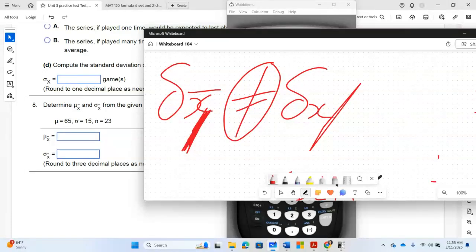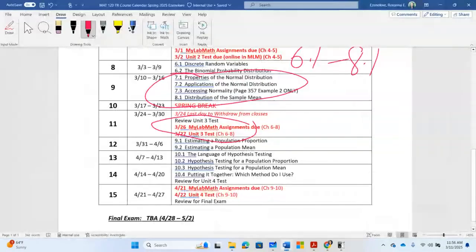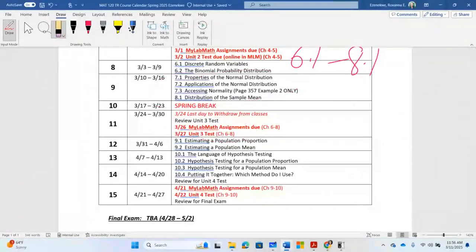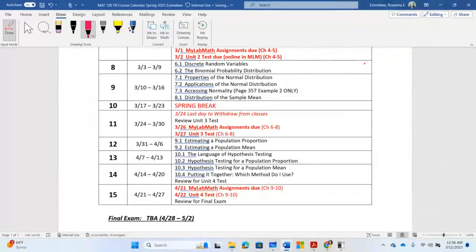We have one more class to finish chapter 8, and that class is going to be Thursday, and then we'll start reviewing. But next week will be spring break. So when we come back after spring break, we will review for 1 week and take the test. But before we do that, let me pull up so that everybody can see where we are. Where are we now? Everybody needs to know this.